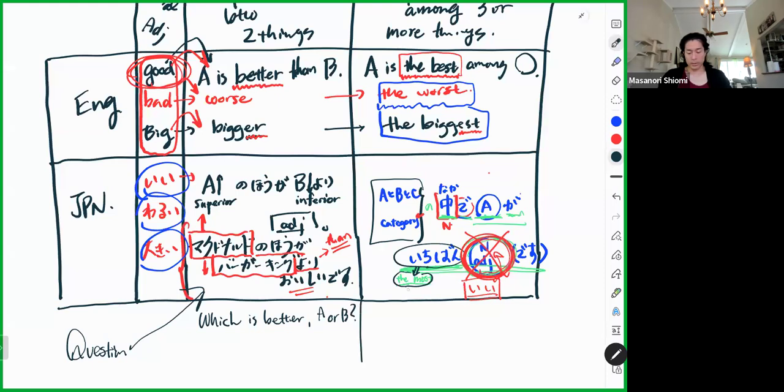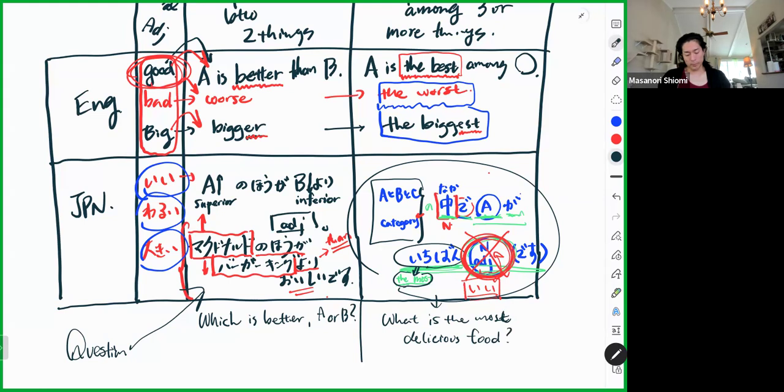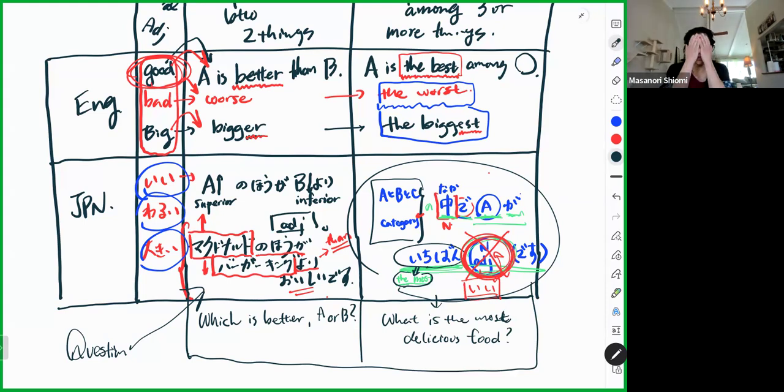Or a question among three or more is, for example, what is the most delicious food, right? So how do we ask these kinds of questions where we're asking which one is better among the two, or which one is best among three or more things? Let's cover this, and these two grammar points will be done.